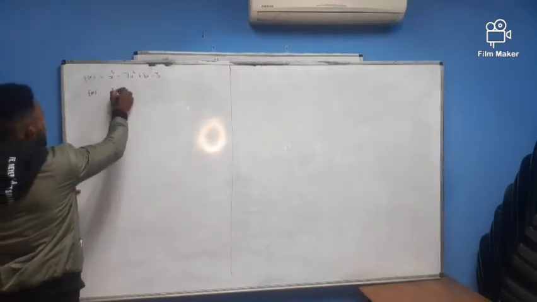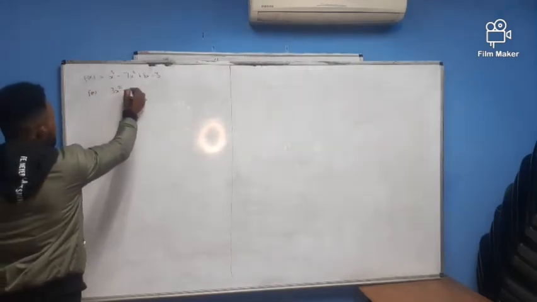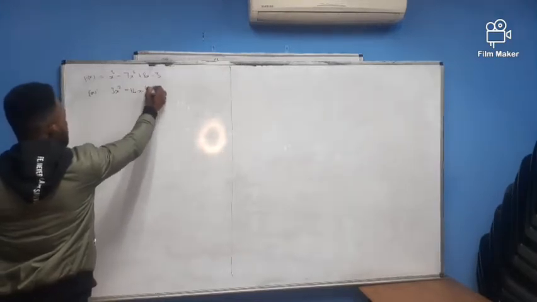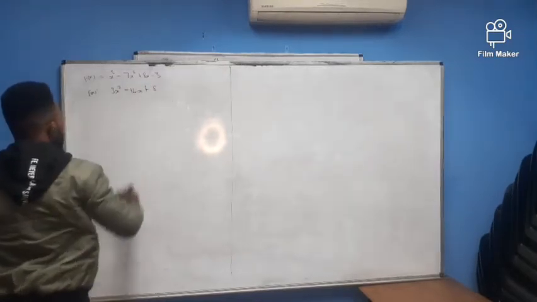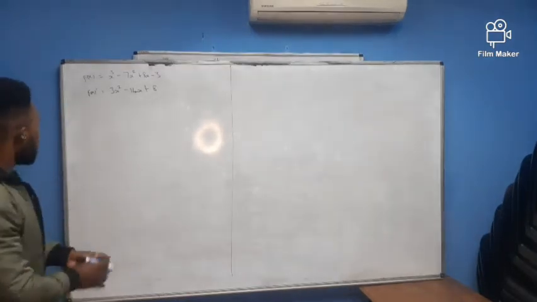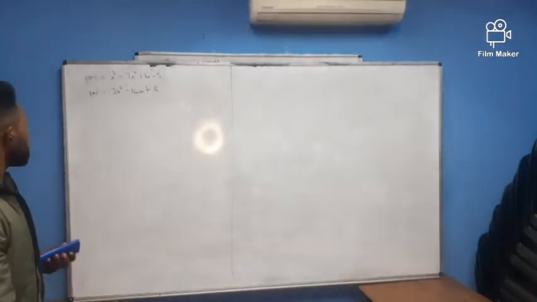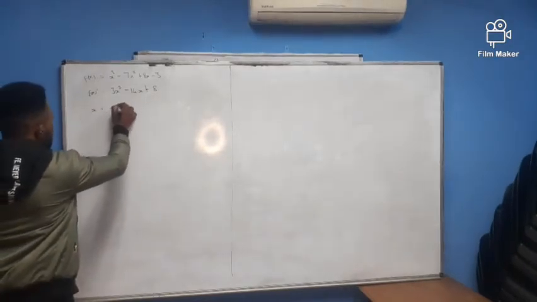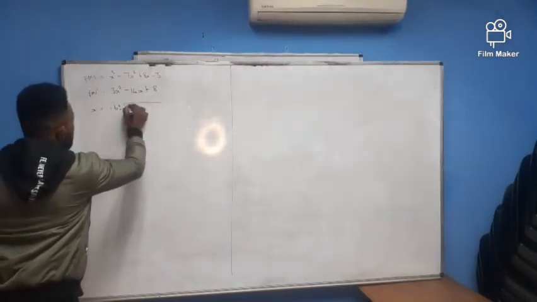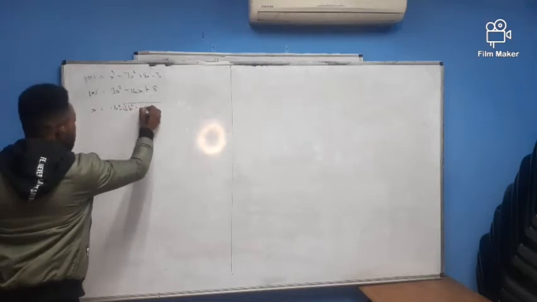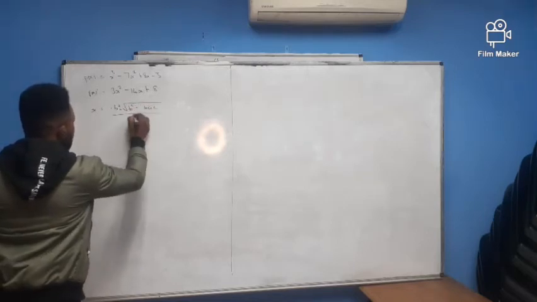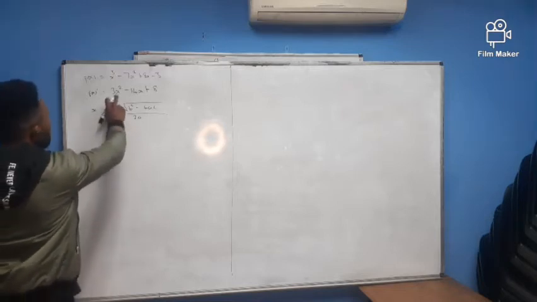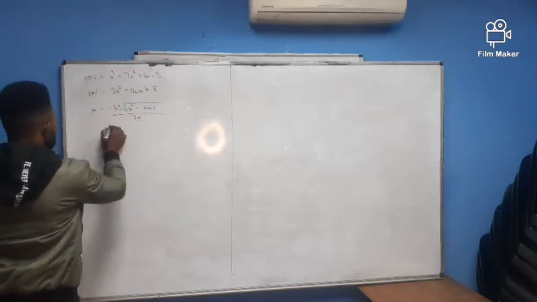This is going to be 3x squared minus 14x plus 8. And then remember, I have to find my coordinates, so I can use the quadratic equation. I said the quadratic equation says x is equal to negative b plus or minus the root of b squared minus 4ac, divided by 2a, whereby I know this is my value of a, b, and c.